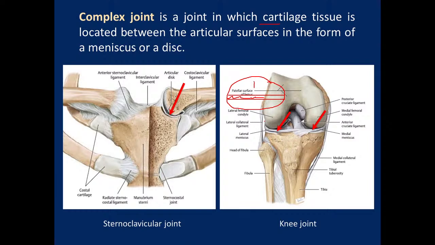So we have one level and a second level. Between these parts of the cavity is located a disc or meniscus. Here is the disc inside the sternoclavicular joint, and this is the meniscus, two menisci in the knee joint. Such two-floor or two-level joints we call complex joints.